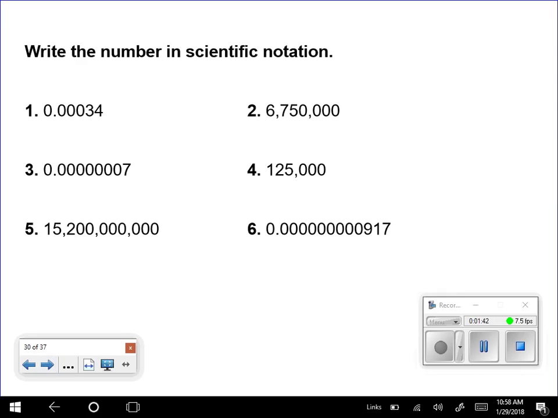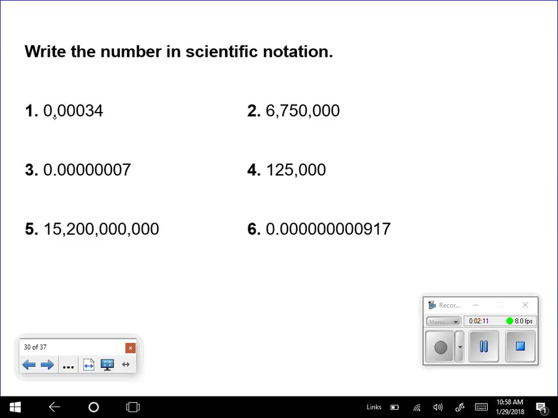So, it says write the number in scientific notation. So remember, you have a factor and then you have a power of 10. So we need to talk about what that looks like. Our factor has to be between 1 and 10. So we are going to move our decimal point, if we have one in the problem, or give ourselves a decimal point, because there's always a decimal at the end of a number, between numbers that would create a number between 1 and 10.